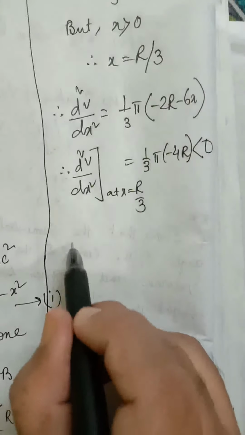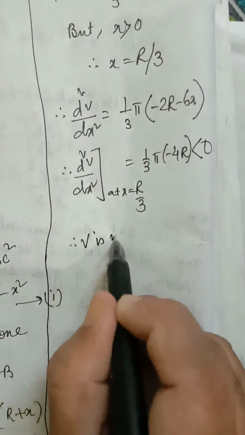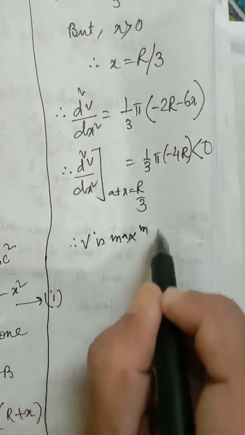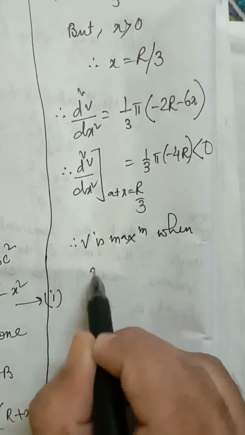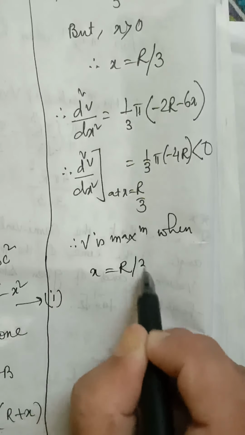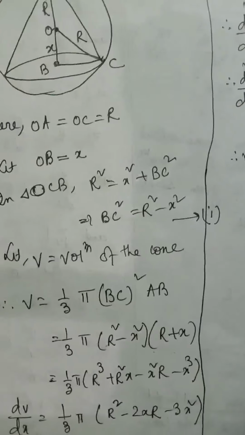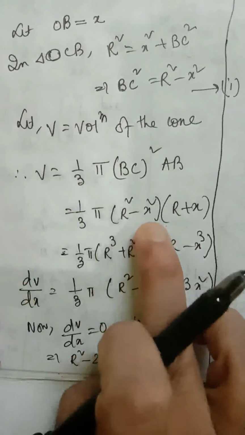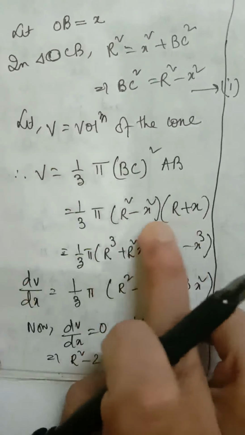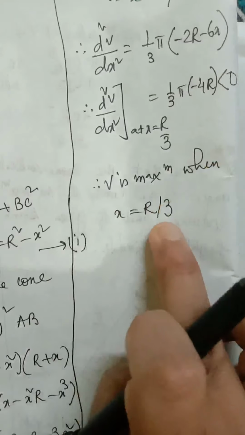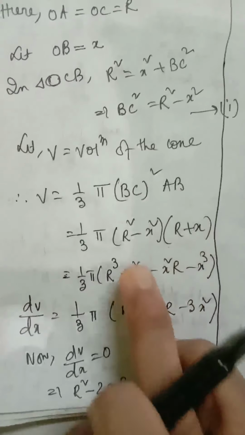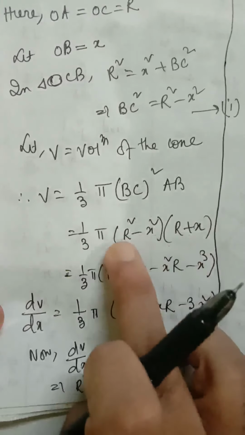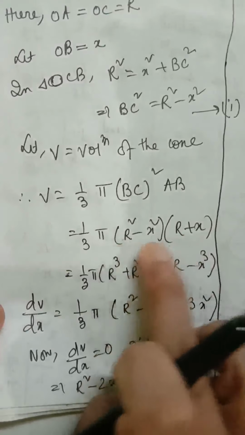So V is maximum when x equals r by 3. And this is V in terms of x only. So putting x equal to r by 3 in this relation, we will get the maximum value of V.